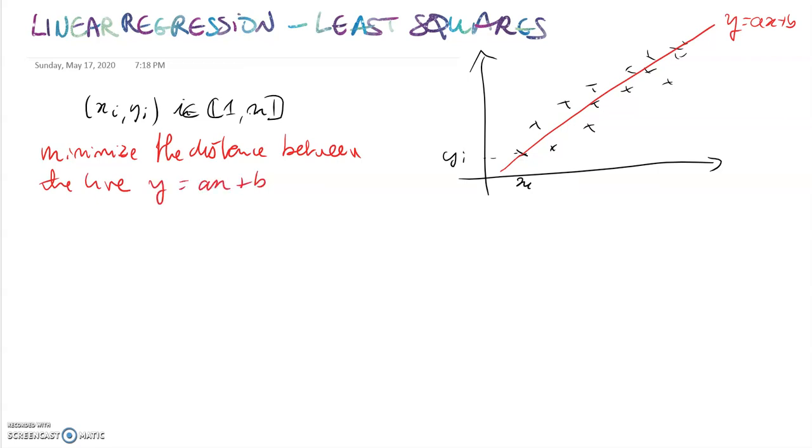So basically, we're looking for unknowns a and b that are going to define the equation of the line, and the observations being the (xi, yi). So you want that if you plug in xi in this line equation, so you get axi plus b, it's close, in some sense, to the yi that you have observed.